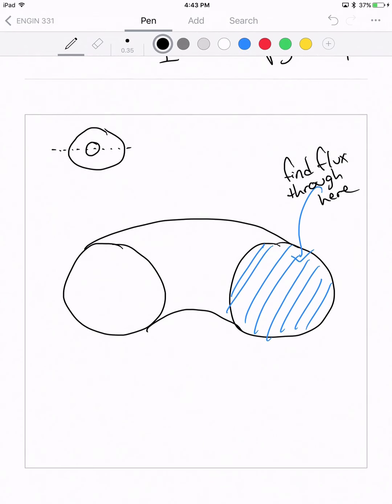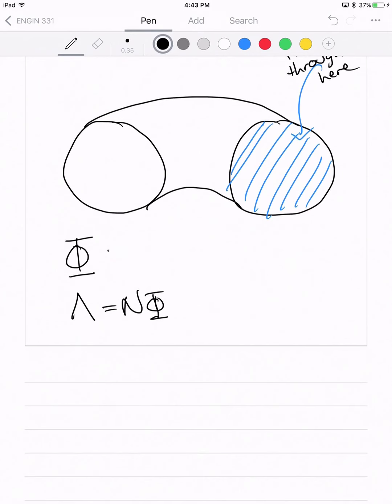And once we have found the flux through that surface, we can find the flux linkage, that's capital lambda, which is equal to n times the flux. And again, this flux is equal to the integral over the cross-sectional area of B dot ds.